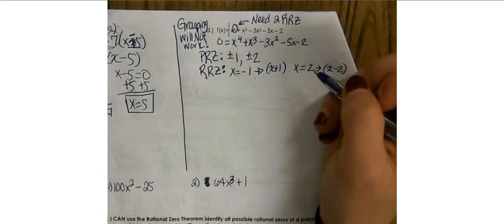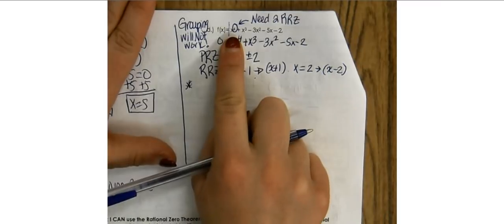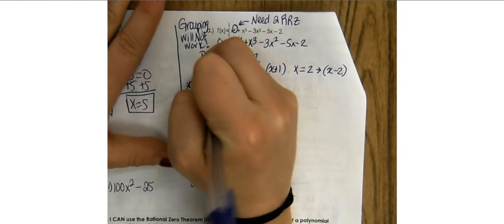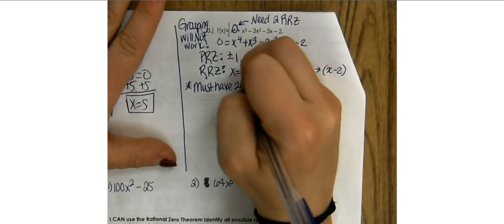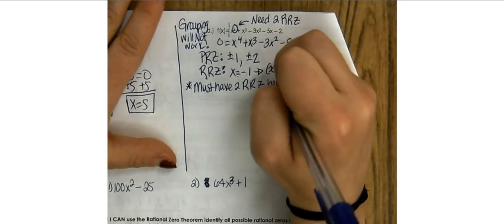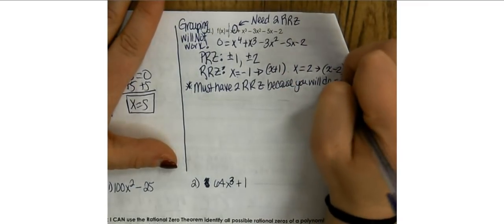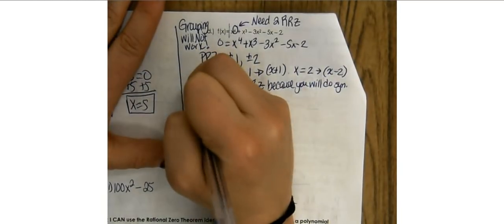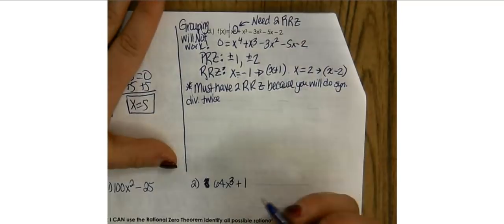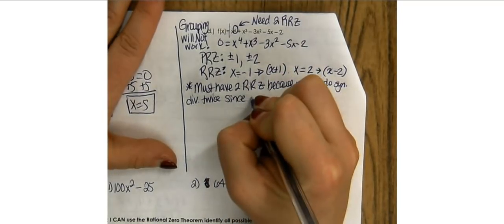All right, I'm going to work with x equals negative 1 first, but before I do that, let me make sure that you guys are all on the same page with me. Whenever you have a quartic function, you must have 2 reasonable rational zeros because you will need to do synthetic division twice, since we have a degree that is equal to 4.